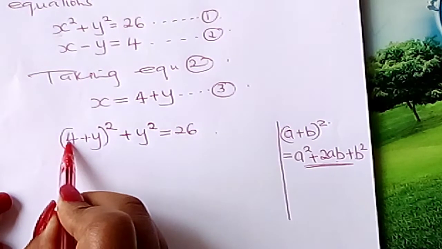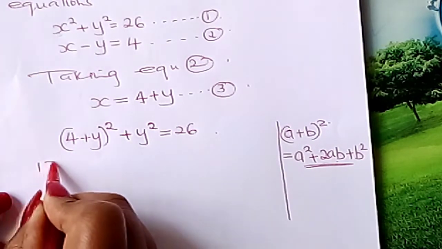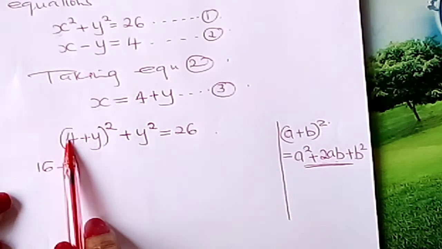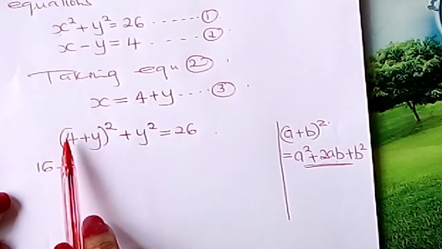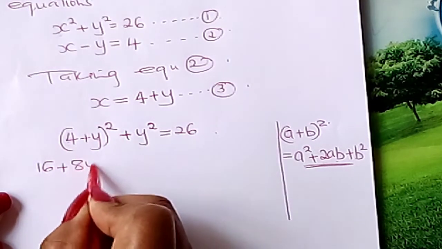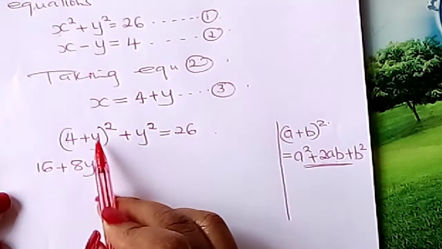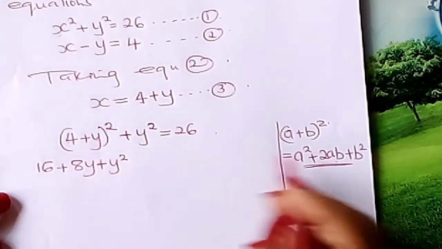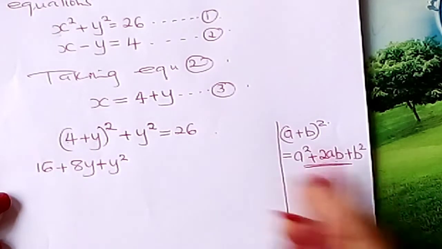So this is 4 squared, which is 16, learner, plus the middle term, which is 2 times the first times the second. 2 times 4 is 8, times y is 8y. Then y squared. I've expanded it using this quadratic identity.